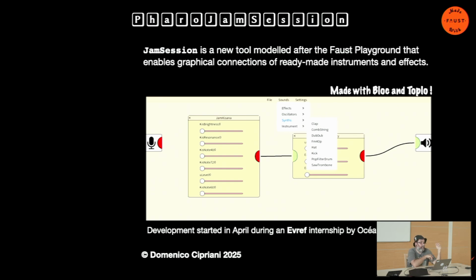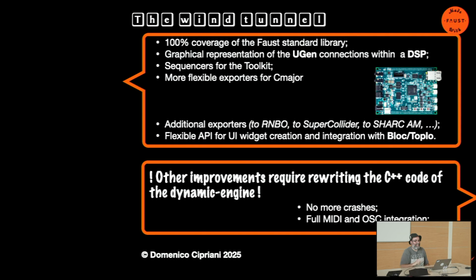But in the future, the idea is to apply this environment to the construction of DSP with simpler unit generators. So to have an environment a la Max/MSP, say, Pure Data. So this is the first step. It looks very Windows 98, but she liked it, so you have to live with that.